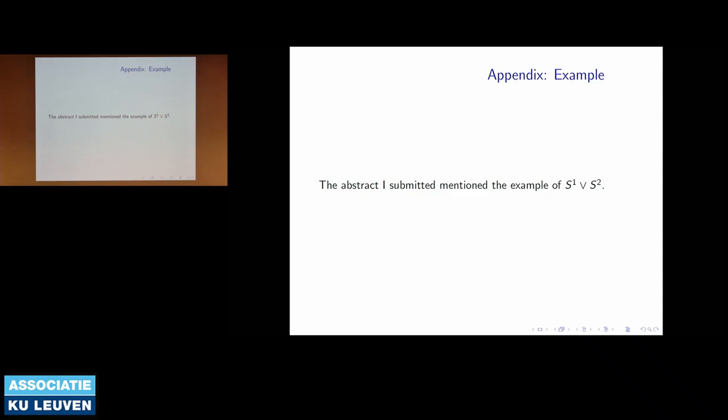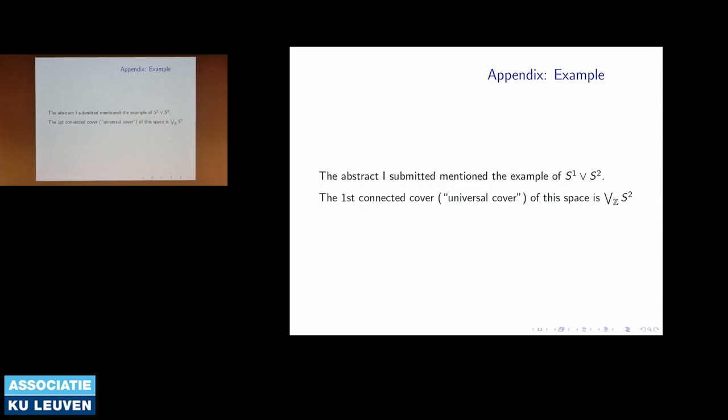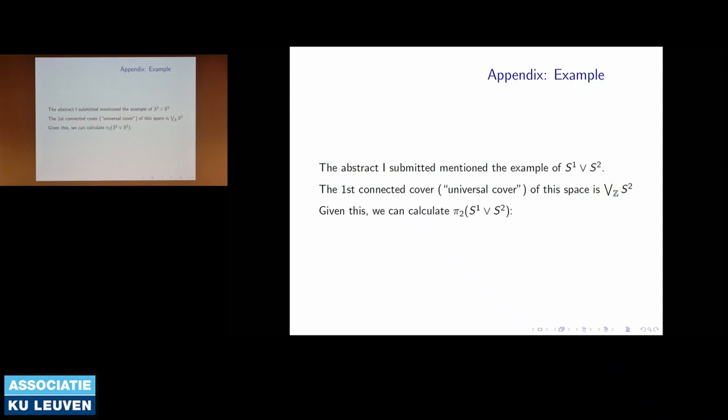So in the abstract that I submitted, I mentioned the example of S1 wedge S2. It's a fact that the first connected cover of this space is the wedge of Z many copies of S2. It's worth saying sometimes the first connected cover of a space is also called the universal cover, at least the first connected cover of a path-connected space.